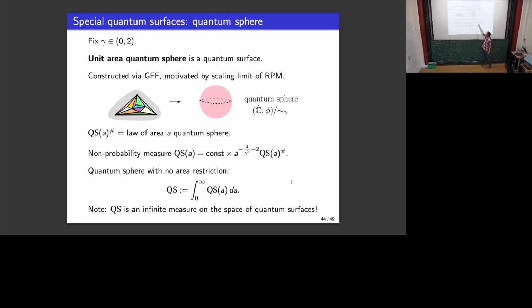Here, it's the same thing, except that gamma is not necessarily root 8/3, so this is not necessarily negative 7 halves. And that lets you define this infinite measure called QS. I didn't actually give a definition of QSA sharp, but it can be done, and I'll give a description next time.